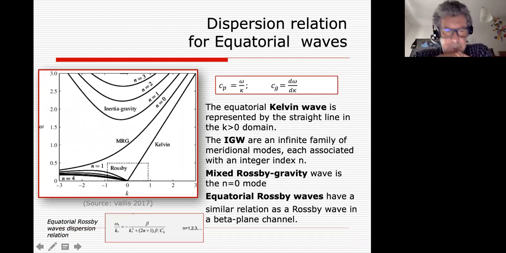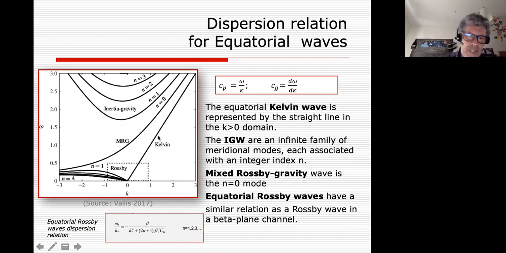To justify this, I'll show you this graph, which is a very famous one. I took it from Vallis, but there are other sources in the literature that show the graph that relates k, which is the wave number, with the angular frequency omega.